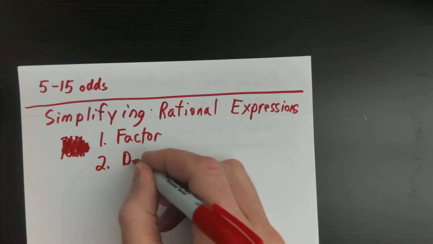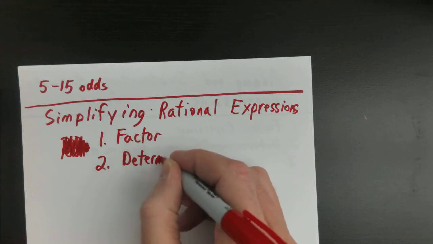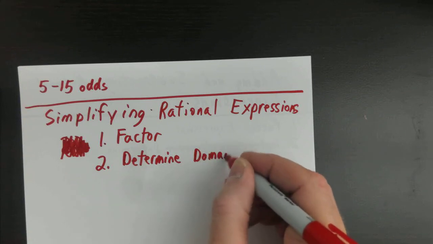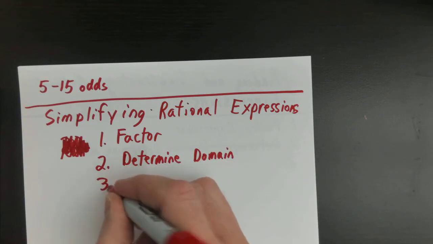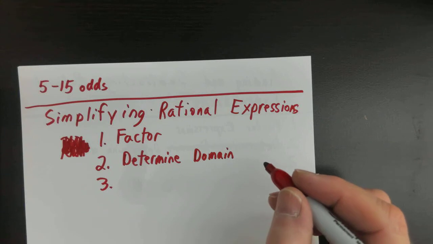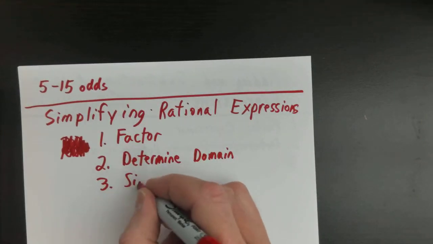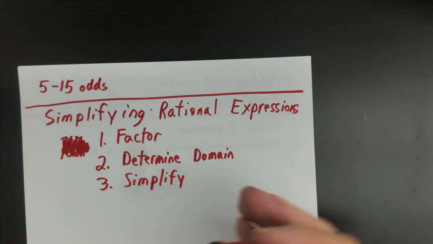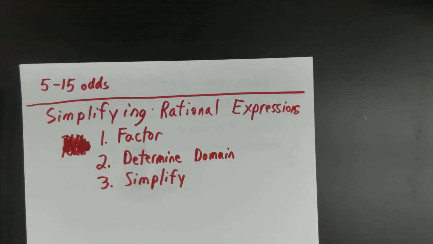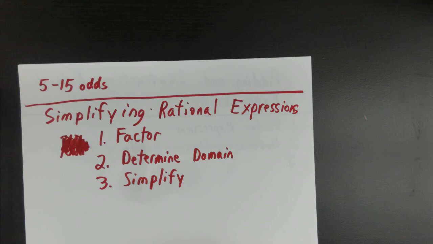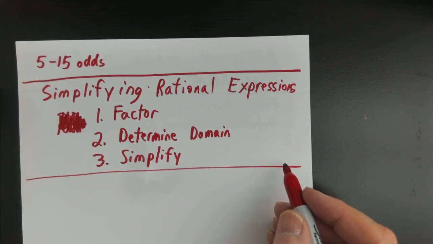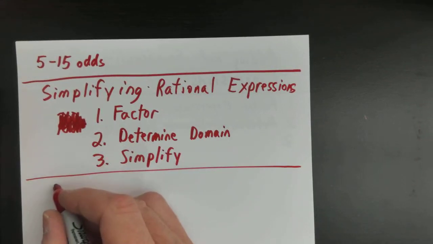Second, I want you to determine the domain. And third, after you have factored it and determined the domain, I want you to simplify. I want you to cross out any common factors that match up in the numerator and denominator. So what do I mean by that? Let's look at number 22.